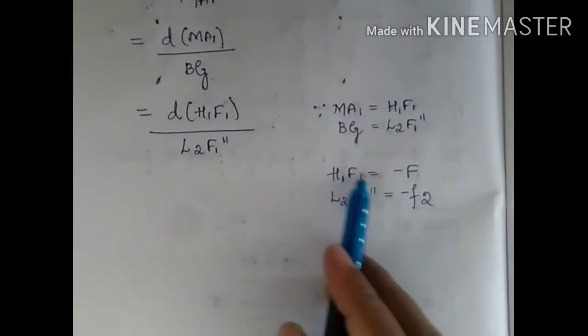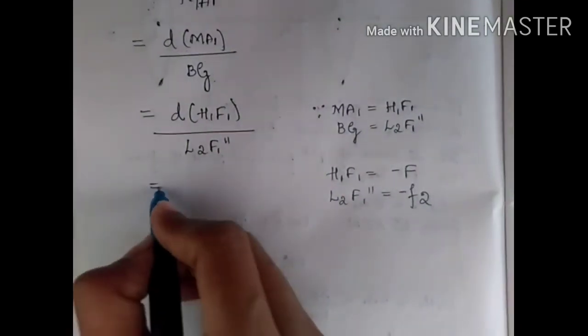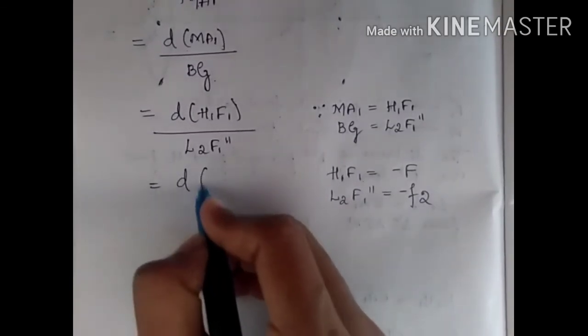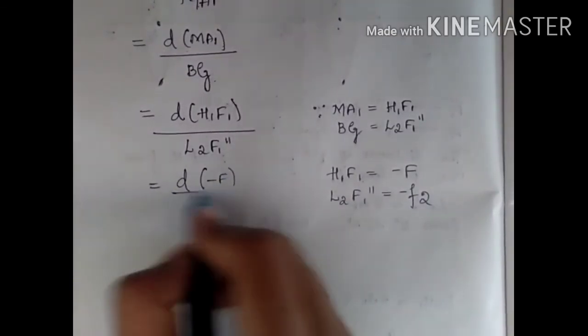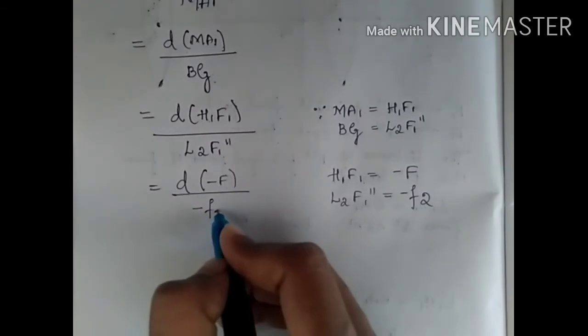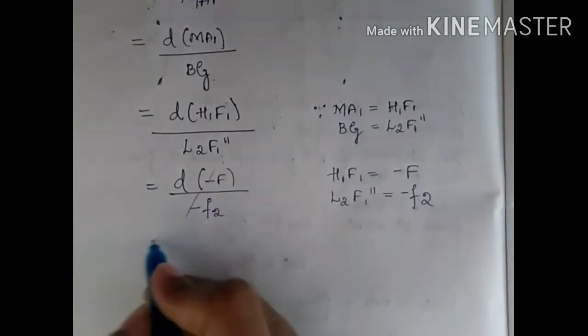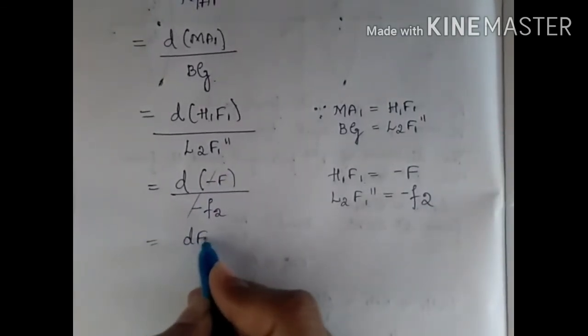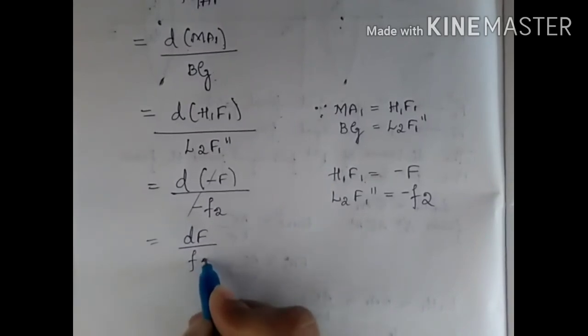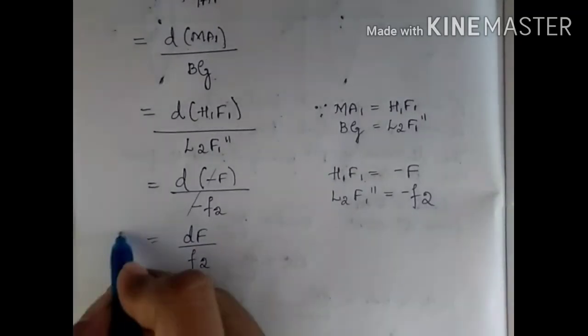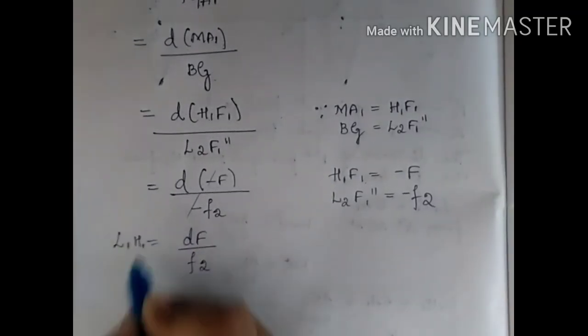So substitute these two values here. So I can write D as minus F divided by minus F2. So this will get cancelled. What remains is DF divided by F2. So this is L1 H1.